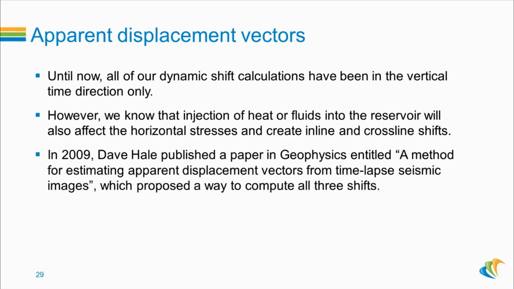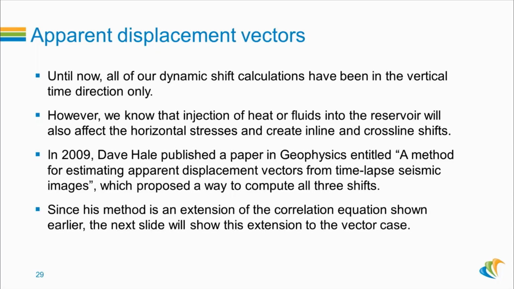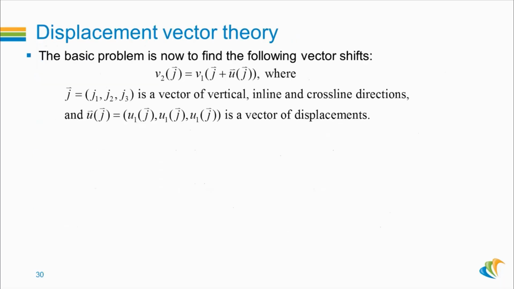So in 2009, which was prior to the work on dynamic time warping, Dave Hale had published yet another paper in Geophysics entitled A Method for Estimating Apparent Displacement Vectors from Time-Lapse Seismic Images, which proposed a way to compute all three of the shifts. Now, since his method's an extension of the correlation equation shown earlier, I'm going to show very quickly how we can extend that to the vector case.